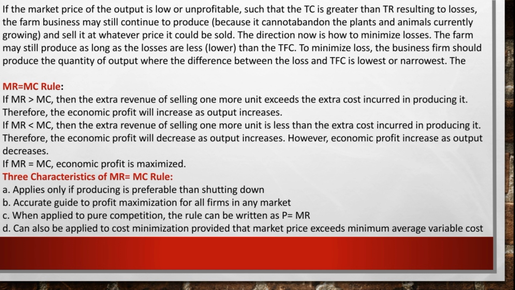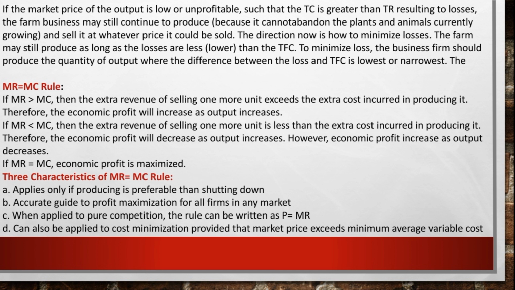If MR is less than MC, then the extra revenue of selling one more unit is less than the extra cost incurred in producing it. Therefore, economic profit will decrease as output increases. However, economic profit increases if output decreases. If MR is equal to MC, economic profit is maximized.